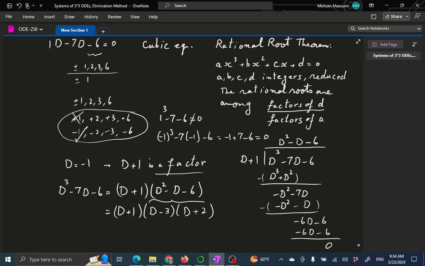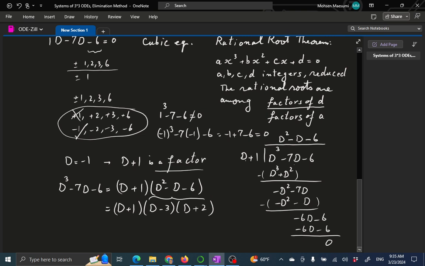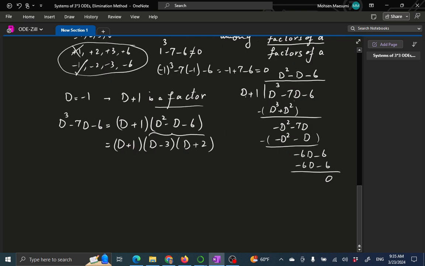Again, remember, it would have been more proper to use the letter m here, but we did a little bit of abuse of notation to say that our roots are minus 1, which we already had, d equal to 3, and d equal to minus 2. Again, let me remind you, these are those characteristic roots that we found in the old notation that we had. Well, what does this say?